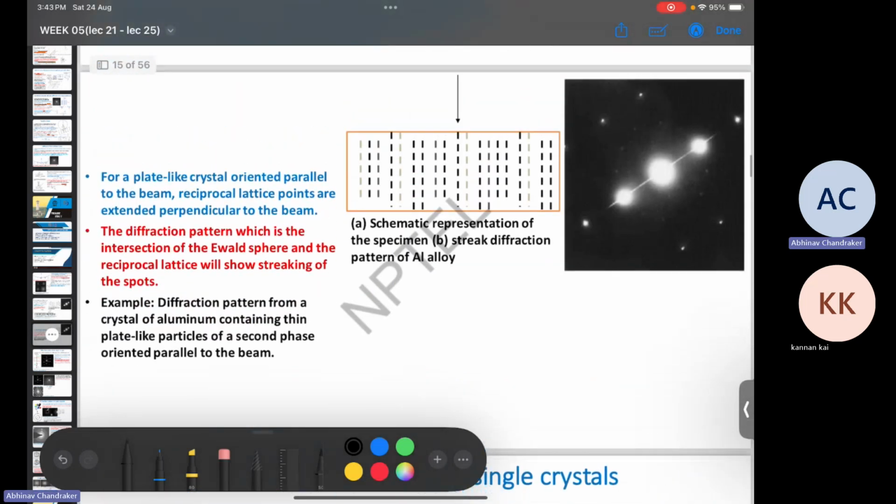Another phenomenon which occurs is when you have a plate-like crystal which is oriented parallel to the beam. In this case also the reciprocal lattice points get extended perpendicular to the beam in a similar fashion, and there are streaks which can be observed in the diffraction pattern.